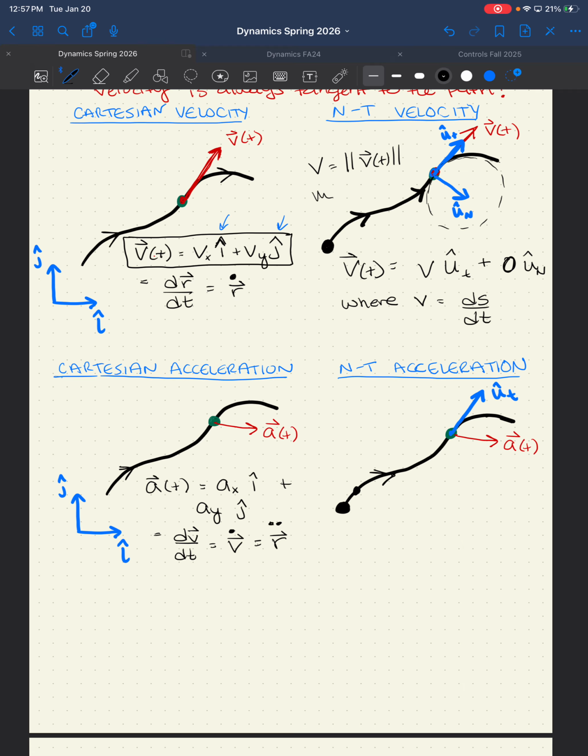If I were to try to figure out the curvature at that point, we're probably curving this way. So my u hat n points to the center of curvature. U hat n.